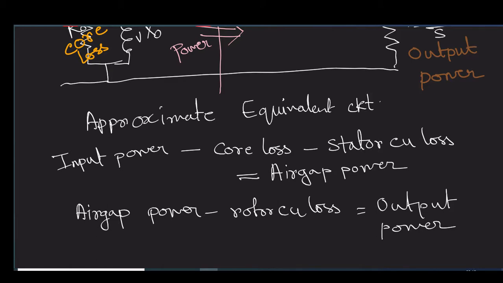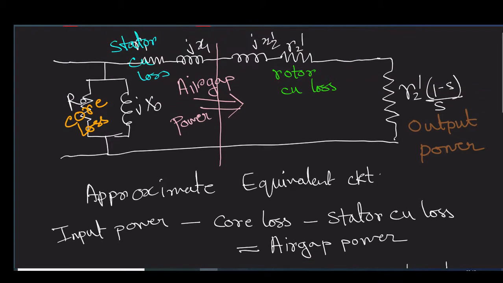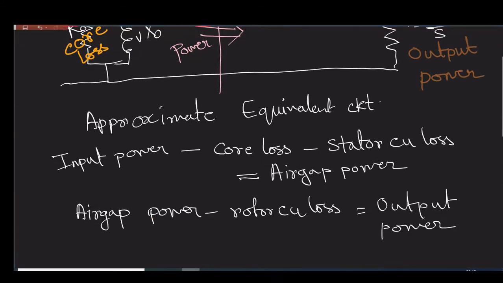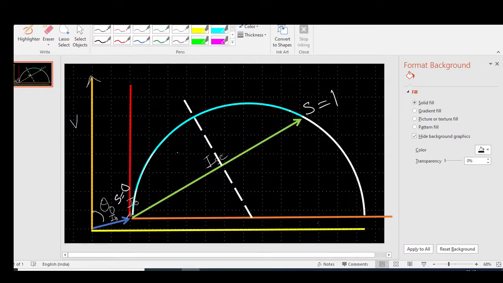First of all, two things are very clear from the construction of this diagram. Any vertical component of current from this diagram gives us a proportional value of power, because that will be in phase with this voltage.